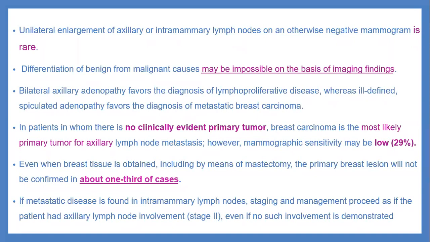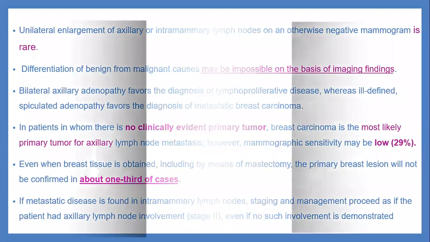Even after mastectomy, you might not find the primary cancer in up to 30 or 35% of patients. If metastatic disease is found in an intramammary lymph node, staging and management proceed as if the patient had axillary lymph node involvement, stage 2, even if such involvement is not demonstrated.